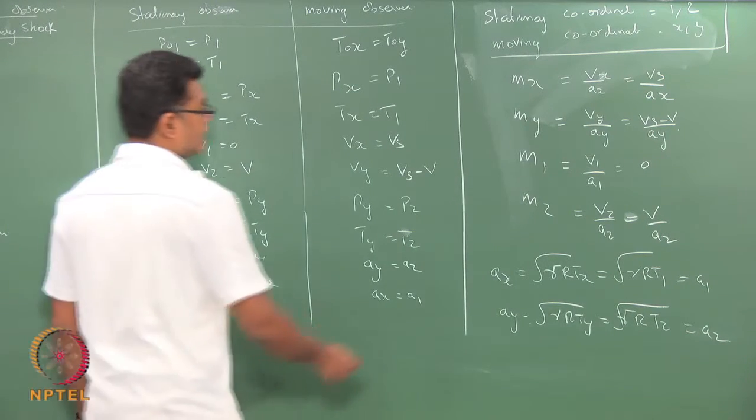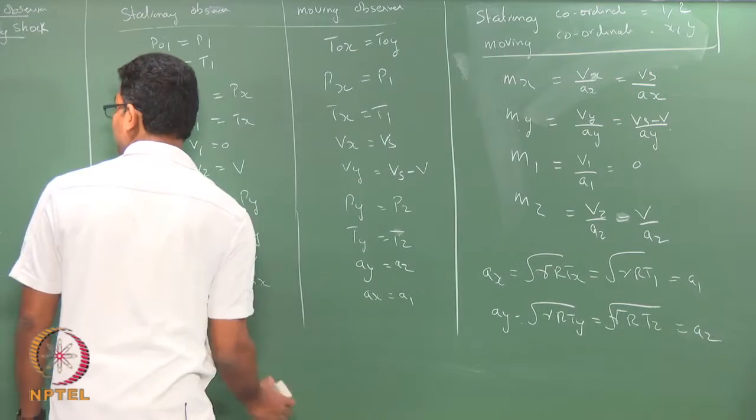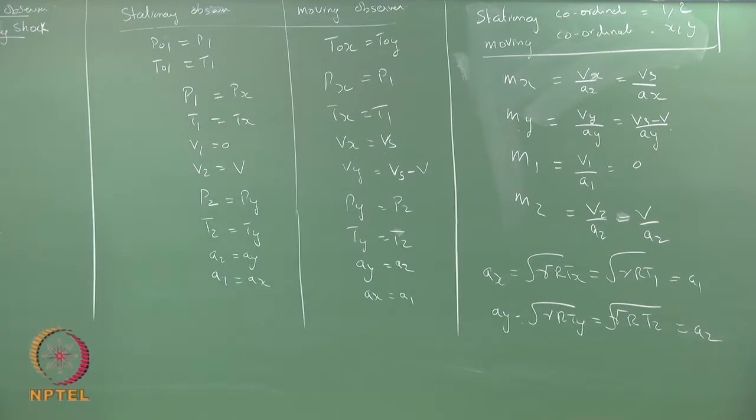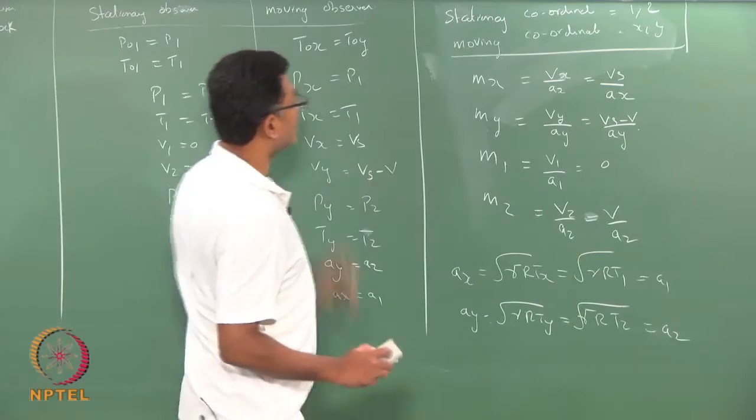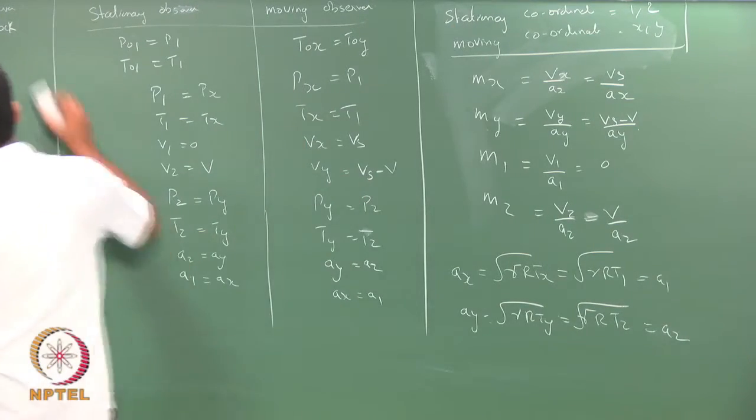So, I can write my My in terms of M1. Keeping this notation intact, I am going to rub this particular portion.